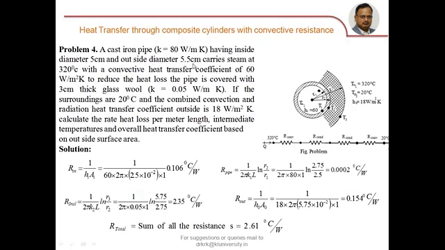So within 2.5 mm, for a material having high thermal conductivity like steel with 80 watts per meter Kelvin or cast iron, the temperature drop is very, very small.